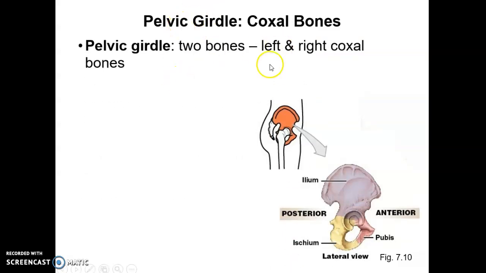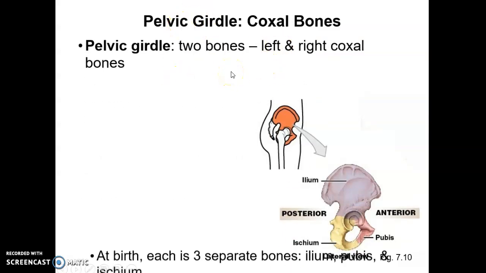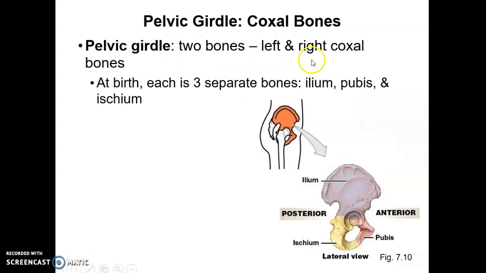So the pelvic girdle is considered two bones. The left and right coxal bones are your hip bones. At birth and during embryological development, it's actually three separate bones which are connected by cartilage. The three separate bones are the larger ilium, which is more superior, the smaller pubis, which is more anterior, and then the ischium, which is kind of in the middle in terms of size.